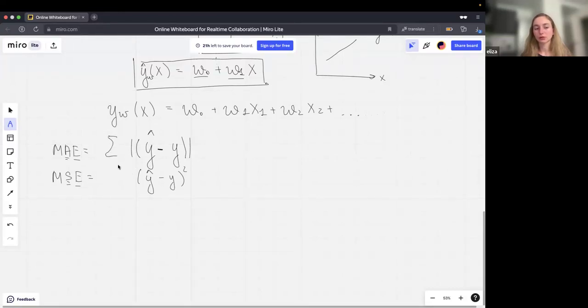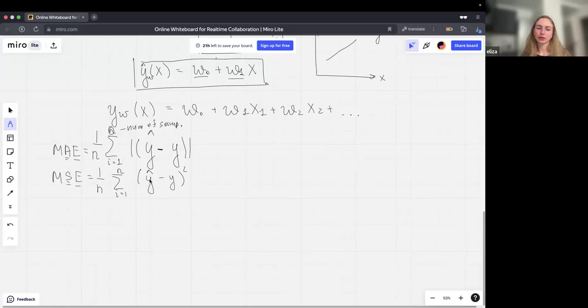That means you just sum over all samples in your dataset and calculate the mean value, where n is the number of samples in your dataset.